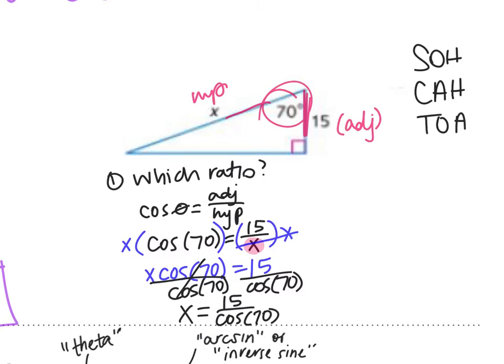In your calculator, because my variable is isolated, you will type in 15 divided by cosine of 70, in that order. 15 comes first, divided by symbol cosine 70, okay? When you enter that in, you will get that x is a value of approximately 43.86.